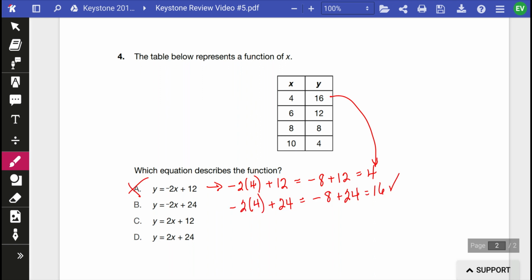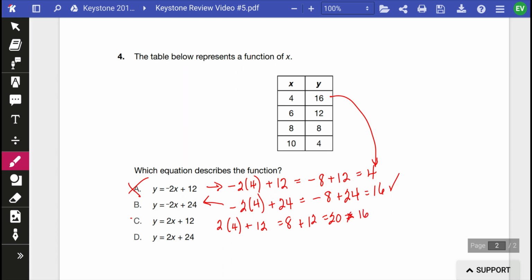We need to make sure that it works with everything. So we're going to try it with the other ones. Let's just verify that C and D are not good answers. That might be easier to do than verifying the other lines in our table. So 2 times 4 plus 12. 2 times 4 is 8 plus 12 is 20, which is not 16, right?